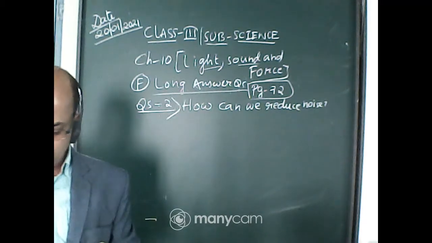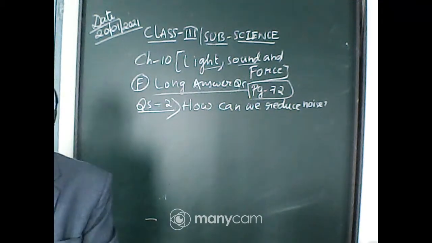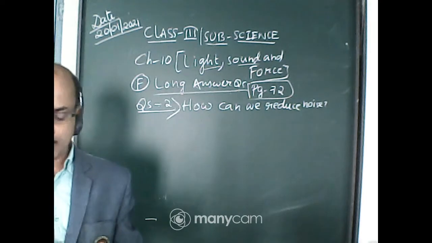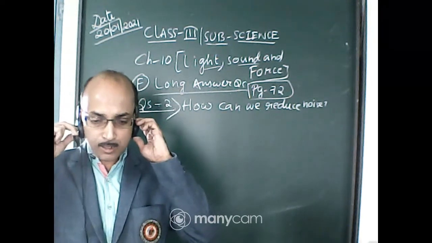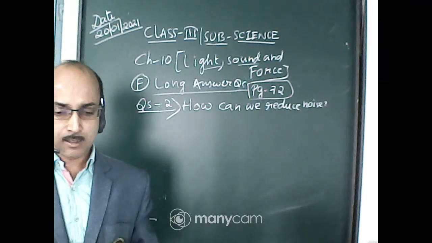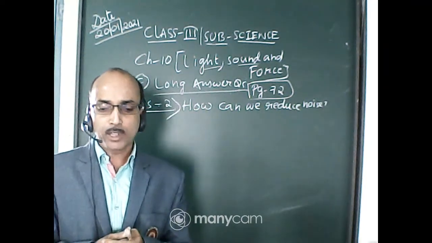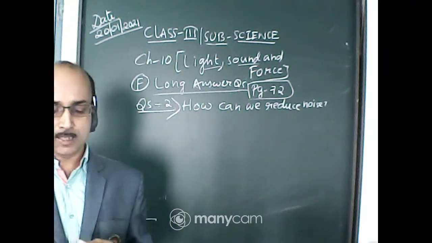You can find the answer on page number 69. How can you reduce noise? We can reduce noise by the following ways. Point wise you will write, we can reduce noise by the following ways.